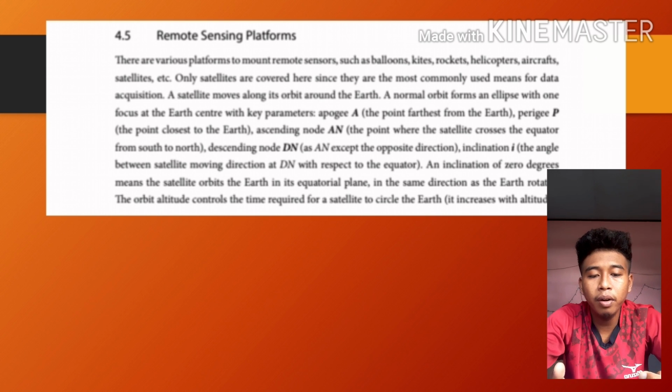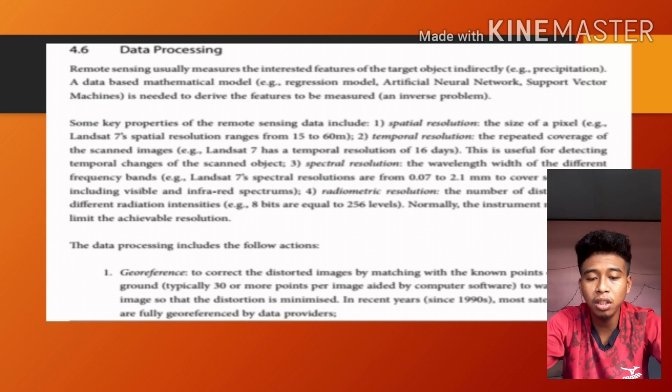There are platforms to mount remote sensors, such as balloons, kites, rockets, helicopters, aircraft, and satellites. Only satellites are covered here since they are the most commonly used means for data acquisition. Now 4.6, data processing. Remote sensing usually measures the features of the target object indirectly.